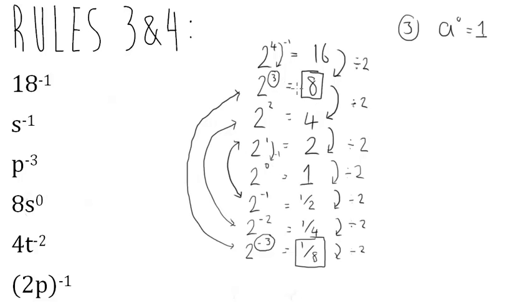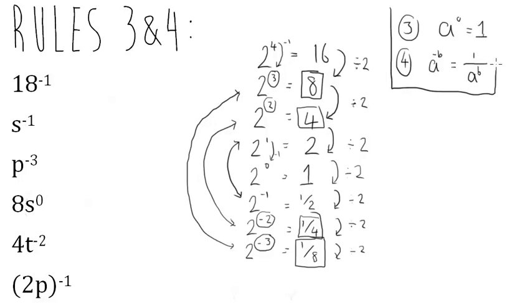So 2 to the power of 3 is 8, 2 to the power of negative 3 is 1 over 8. 2 squared is 4, 2 to the power of negative 2 is 1 over 4. And that's rule number 4, quite simply, that a to the power of minus b is equal to 1 over a to the power of positive b.